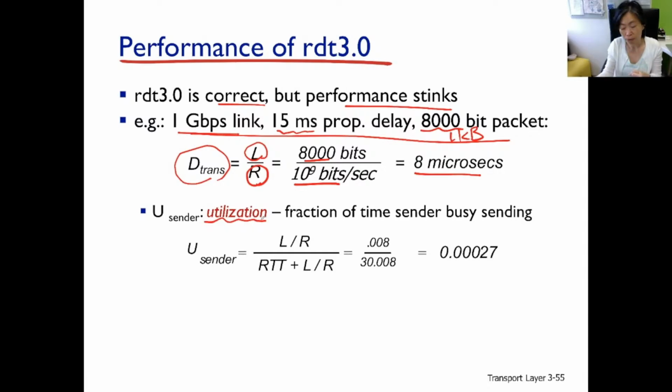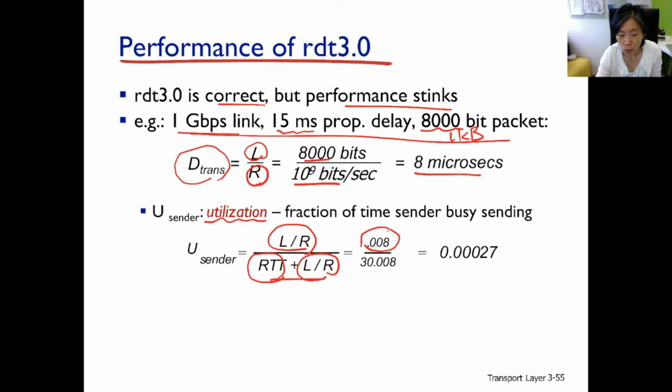And in each cycle, it uses this much time to transmit actual bits, plus the round trip wait for the entire cycle. So this is 0.008 millisecond, and this part is sending the packet and then waiting. Here I'm ignoring the ACK packet transmission time, because the ACK packet is usually very small.